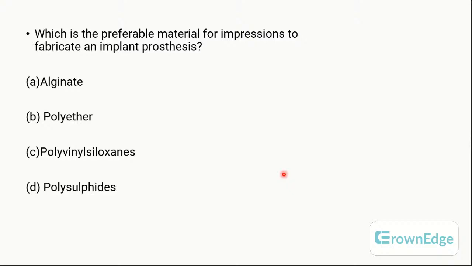Anybody? Can you answer this? You have plenty of options to choose from. What would be your best chance for an implant prosthetic? Alginate, polyether, vinyl siloxanes, or sulfides?